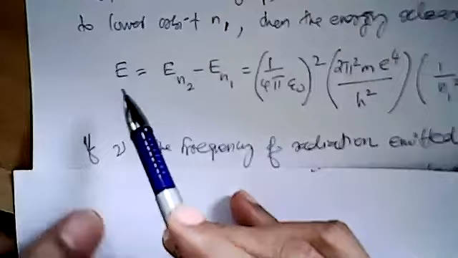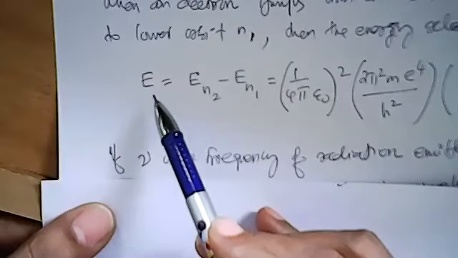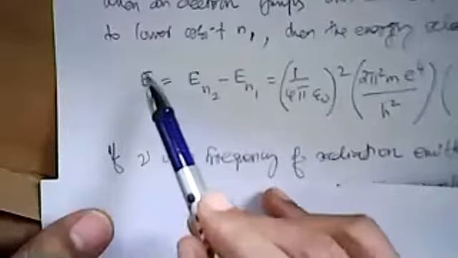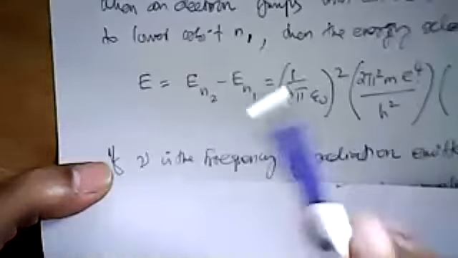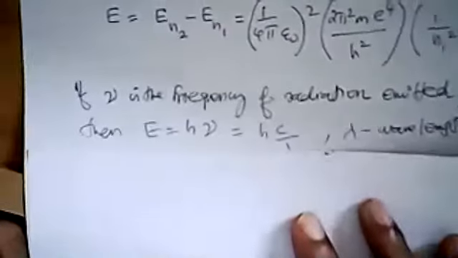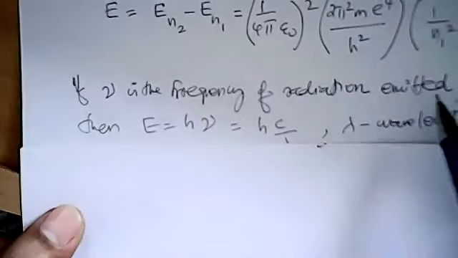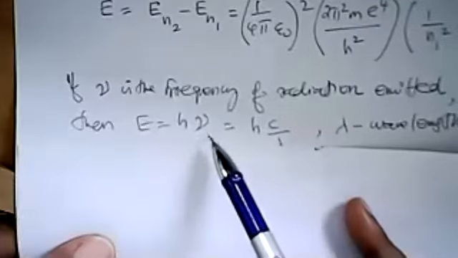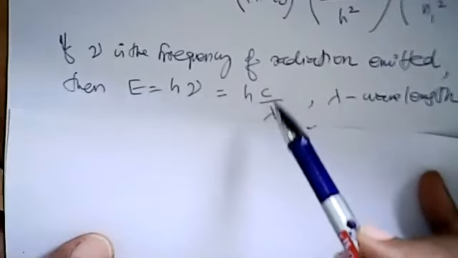Now this energy E is the energy of the electromagnetic radiation, so we can write it as h nu. We know that the difference in energy is radiated as electromagnetic radiation. If nu is the frequency of the radiation, then E equals h nu, and nu can be written as C by lambda.